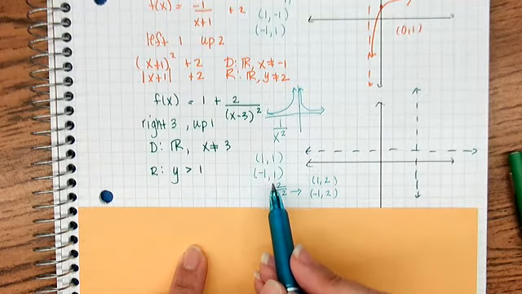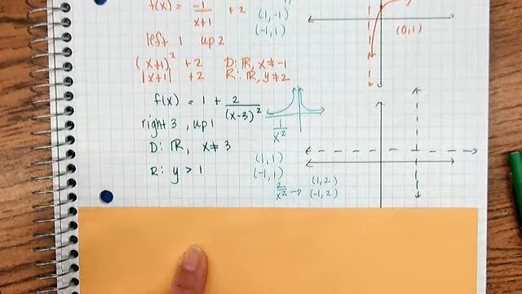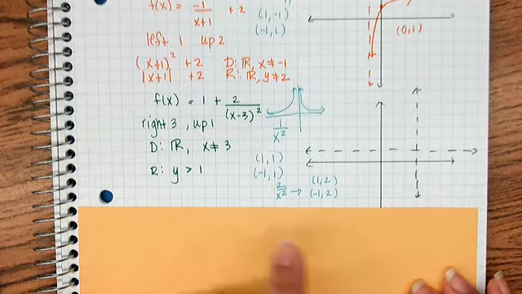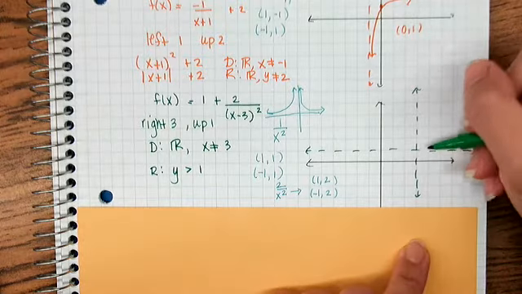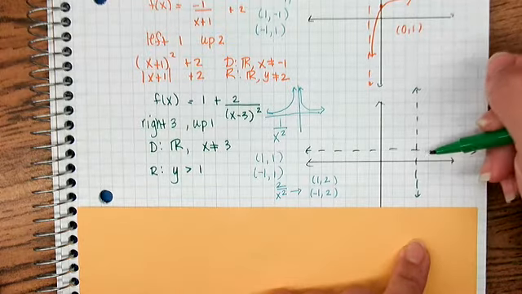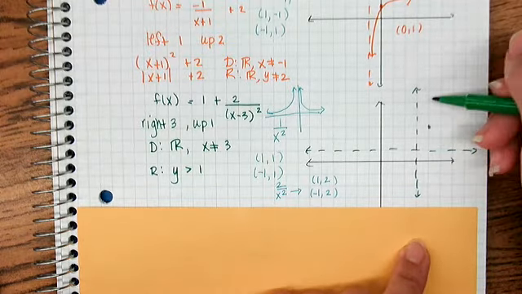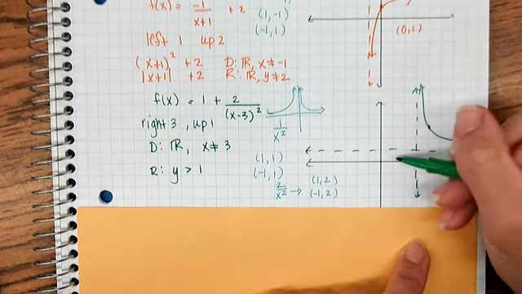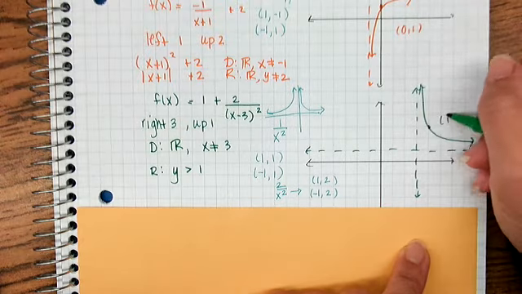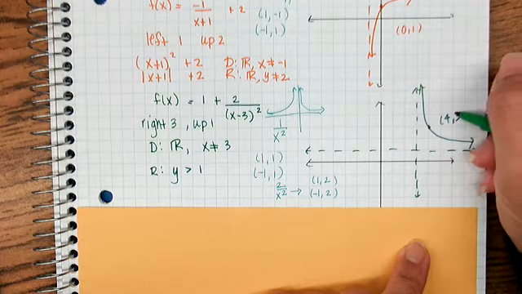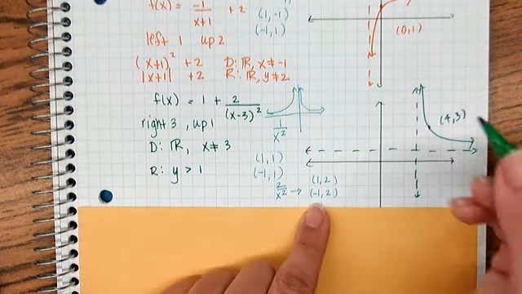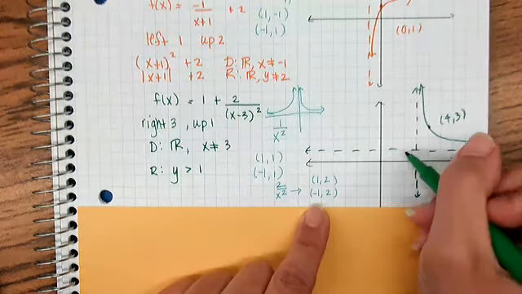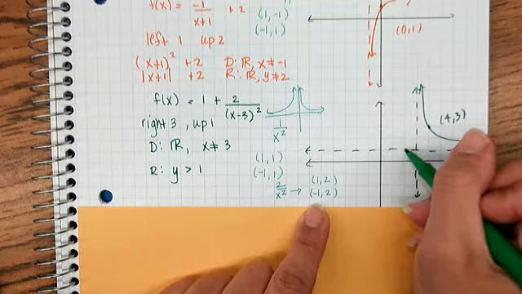I multiplied my y values by 2 because the numerator is 2. So 1, 2 from my new origin, 1, 1, 2, which in the big picture is 4, 3. Negative 1, 2. So from my new origin, negative 1, 2, negative 1, 1, 2.